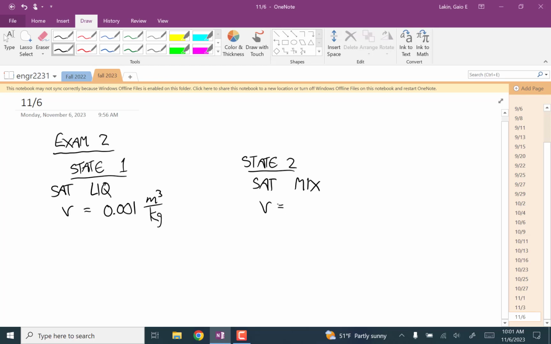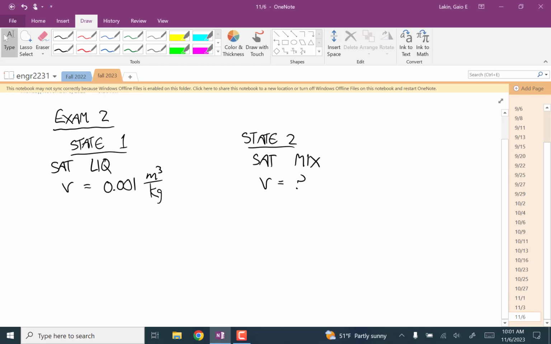And we don't know what this is. So we're trying to figure out the quality of this.